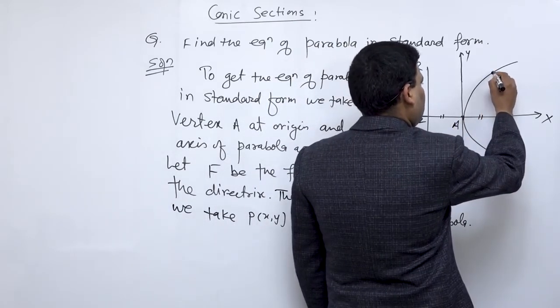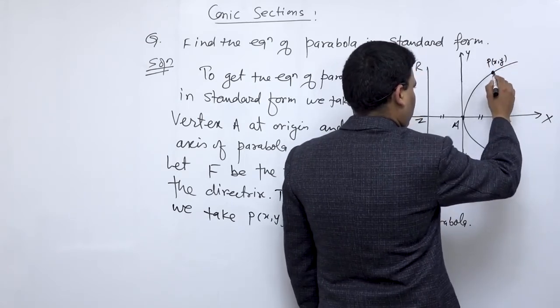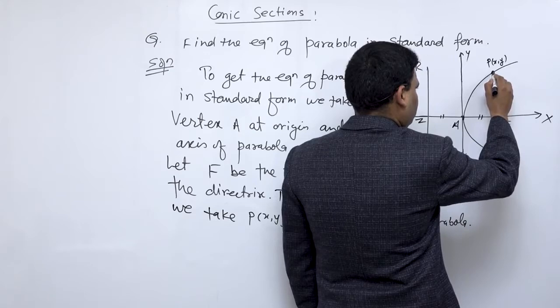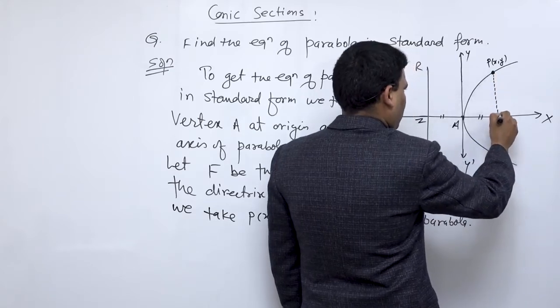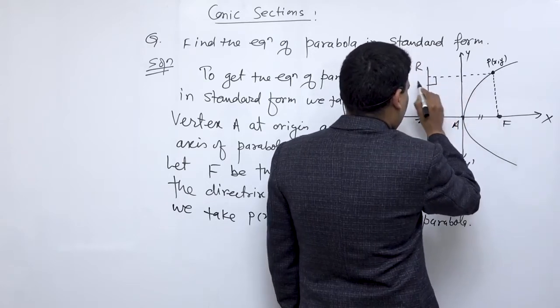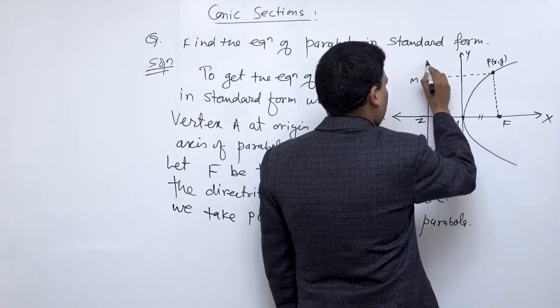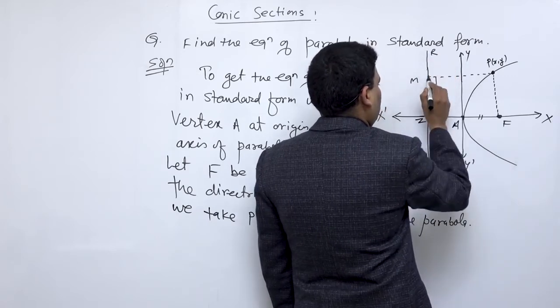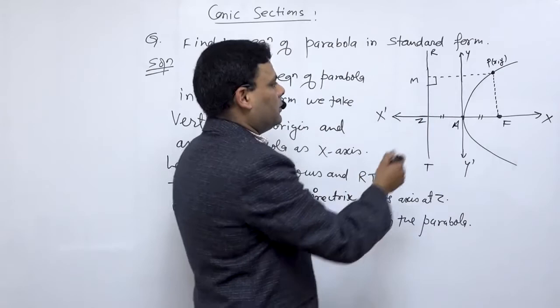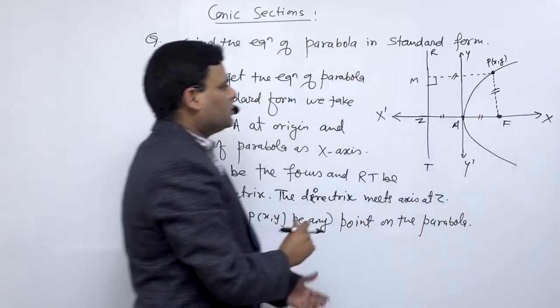In this way, we can take any point P(x, y) on the parabola. We join PF and draw PM perpendicular on directrix. Then by definition of parabola, we have PF equals to PM.